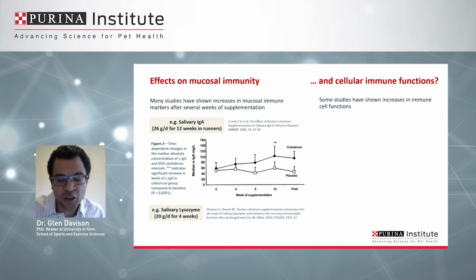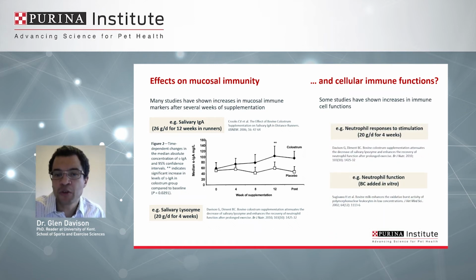And basically the group that had the bovine colostrum supplementation saw a significant increase in this particular immune marker. There have been some other studies, so the reference you can see at the bottom of the screen there. Again, they saw some beneficial effects on salivary levels of lysozyme, which is an antimicrobial peptide, which is quite important in innate immune defenses. And this was with 20 grams per day for 4 weeks.